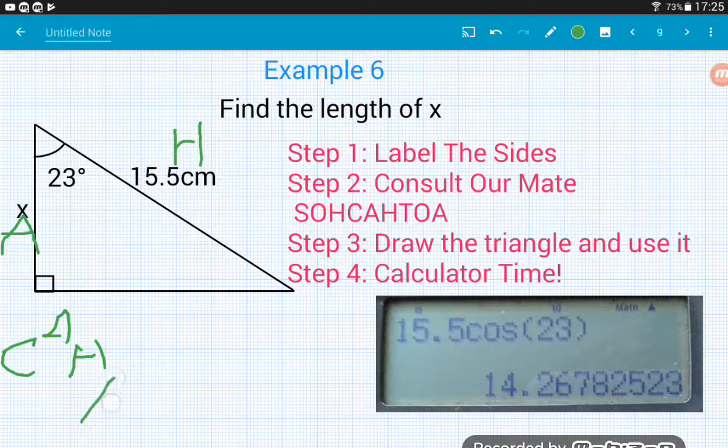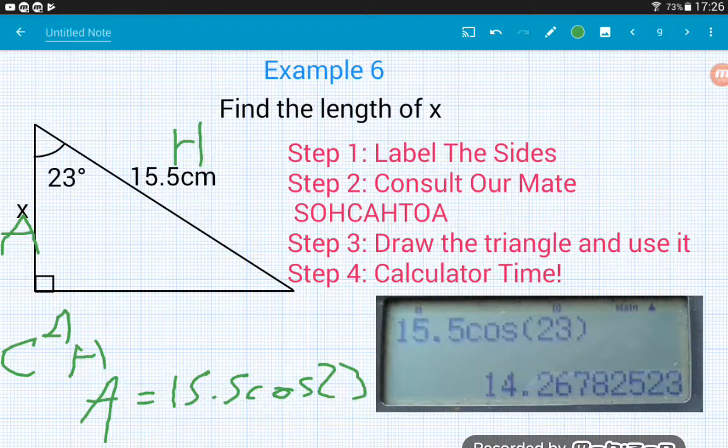So then we know the adjacent is equal to 15.5 cos of 23. And again, finally, smash that into your calculator, press equals, and job's a good one, guys. That's trigonometry in right angled triangles.